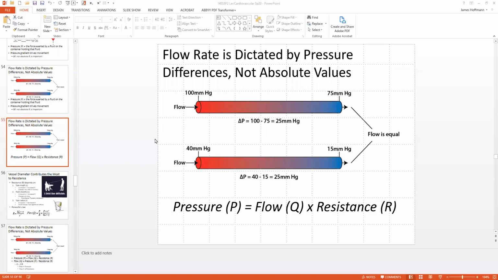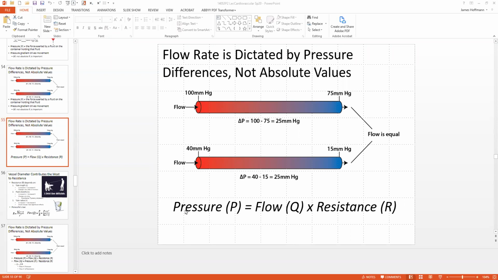Okay, so let's look at this, and we'll just really look at this bottom part. So pressure equals flow times resistance, right?